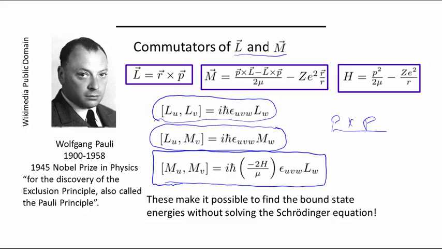But when it is done, this is the answer. And as we'll see, these identities make it possible to find the bound state energies of all solutions of the hydrogen atom without actually solving the Schrödinger equation.